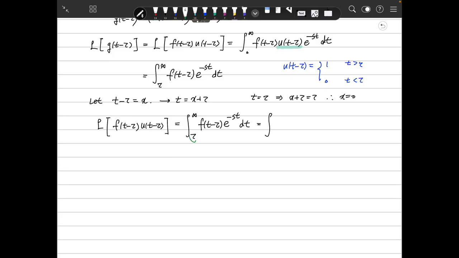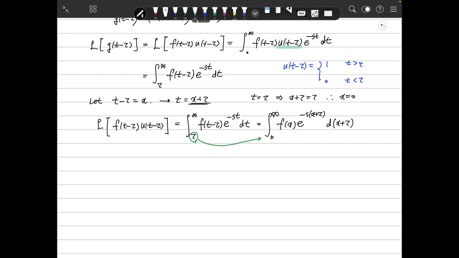So this will be 0 to infinity, f x, exponential minus s times x plus tau, dx.